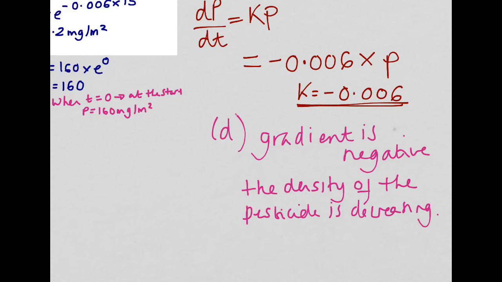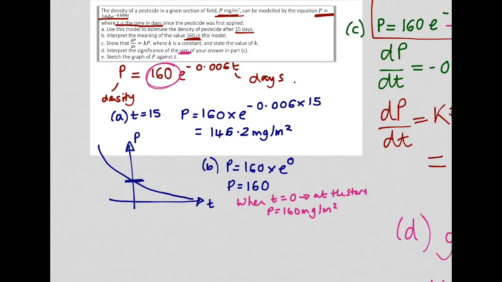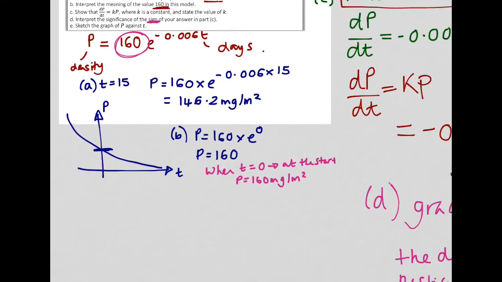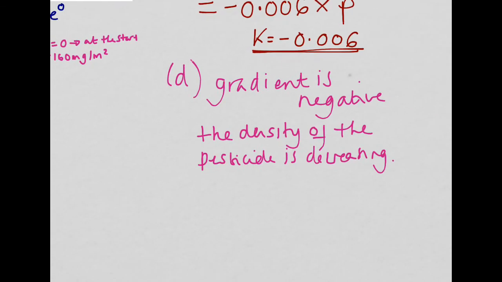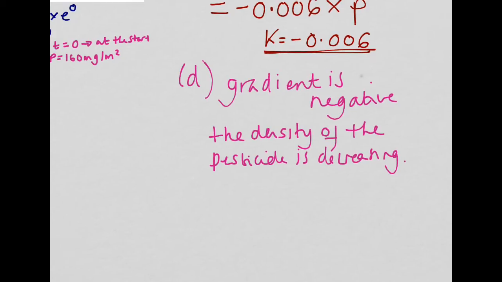This is maths that's applied, showing you how to take your maths and actually use it in a model. So that's part D done, because it just said interpret the significance of the sign. The gradient is negative and the density of the pesticide is decreasing.